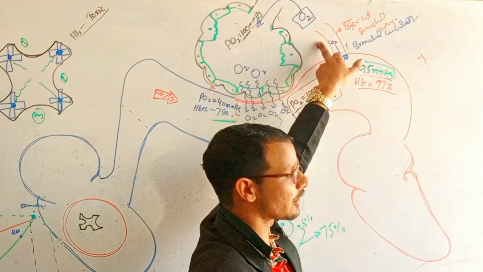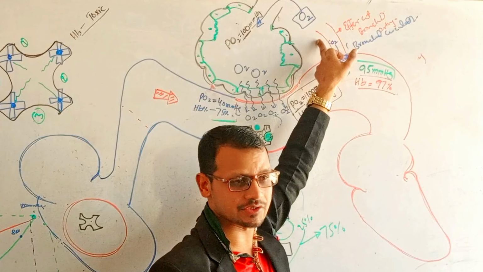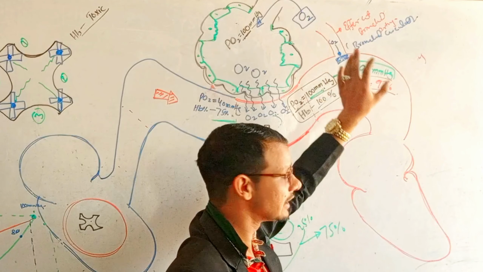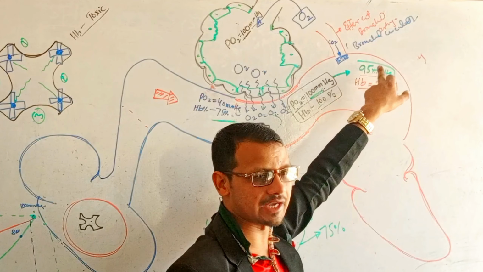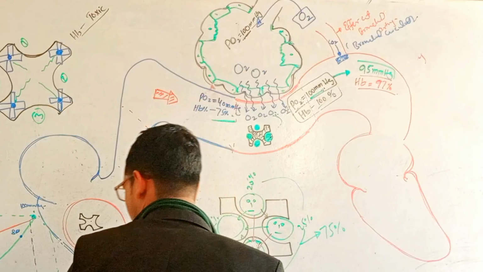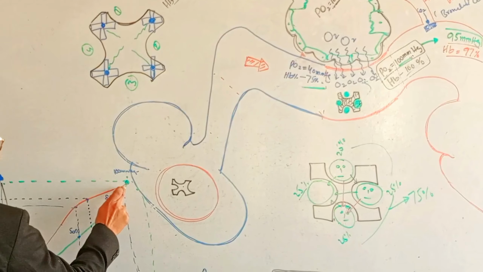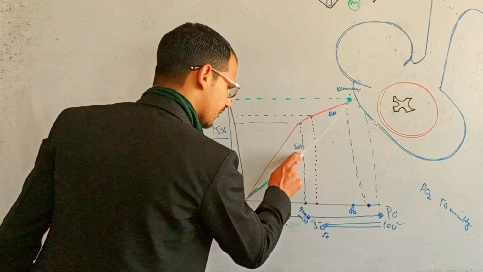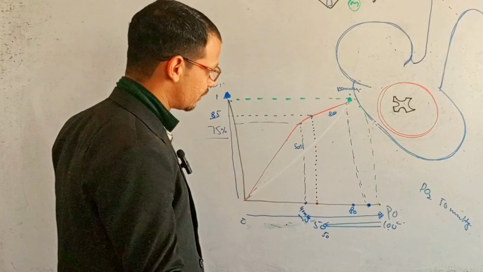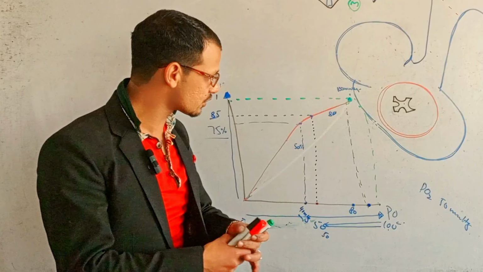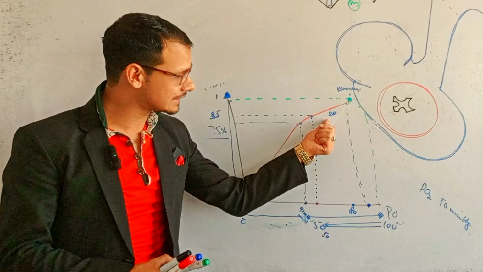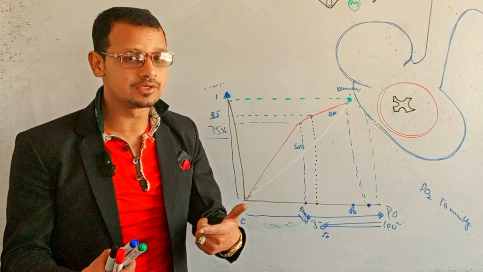Now, due to the bronchial circulation, which is the deoxygenated circulation, the partial pressure drops to 95 mm of Hg. According to this graph, if I remove this linear graph, which is for normal, hemoglobin is not following the rules.